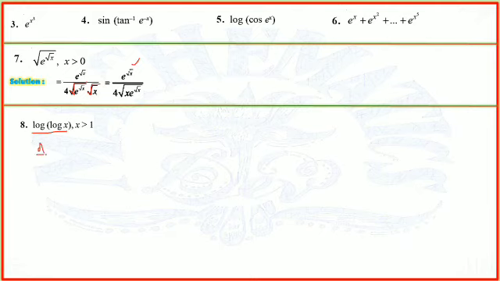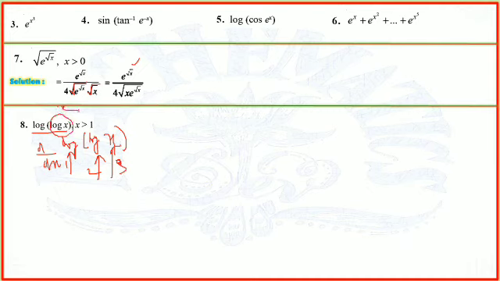So the derivative of log log x. Now you should not be confused: the first target is the outside log, and inside it, instead of x, we have the full log x. So the first target is this log, then the second target is this log, and the third step is this x. So log, and this you consider as x, log x, so its derivative is 1 upon x, but instead of x we have log x, so we will write here log x.